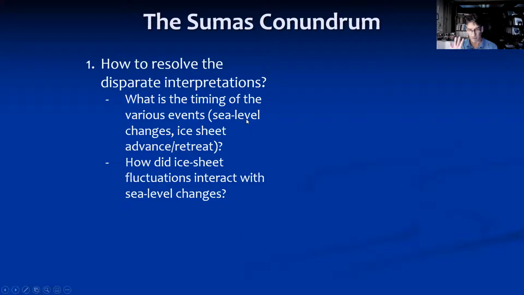Because timing is a key element of the controversy in this area: when was sea level high or low? When was the ice sheet advancing or retreating? These are things that we can address, we can test. And then also, how did those ice sheet fluctuations of advances and retreats interact with sea level changes? Because again, those are key aspects of the differences of opinion between the main proponents.